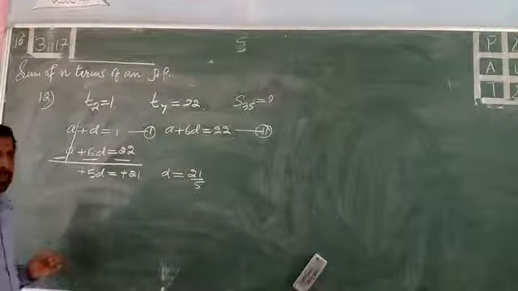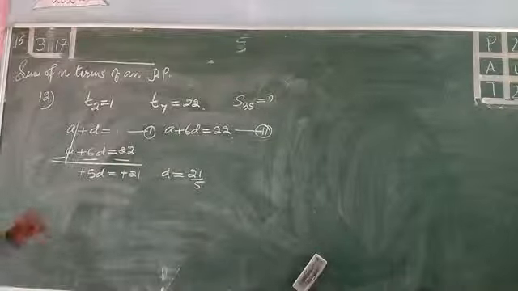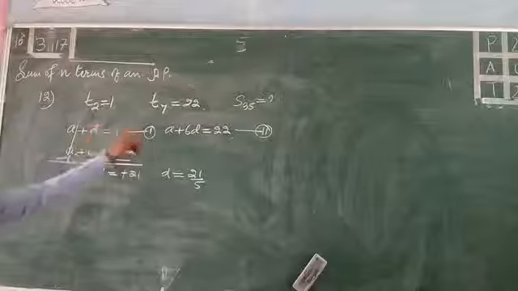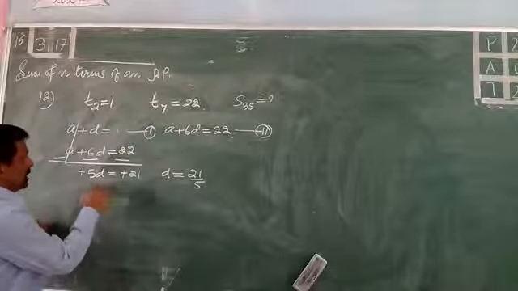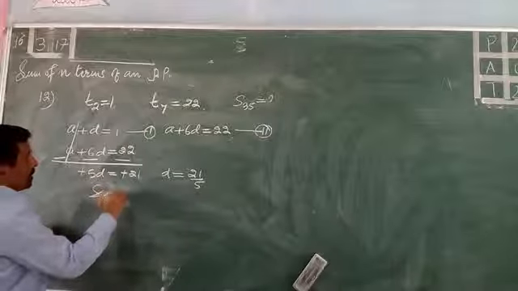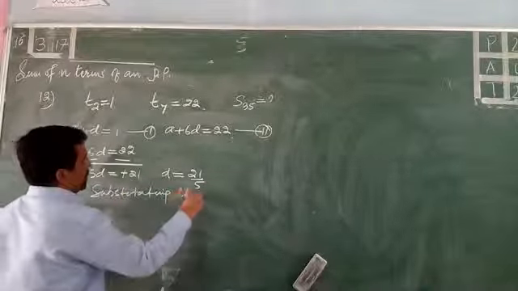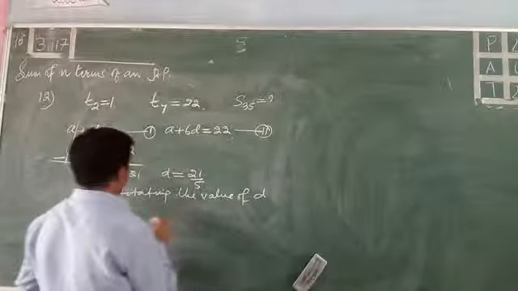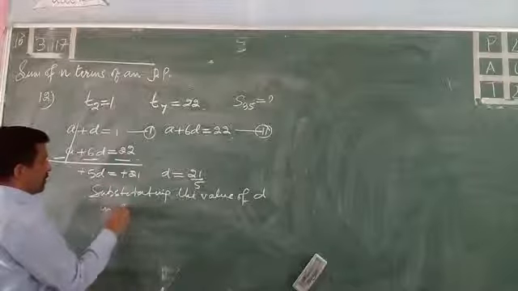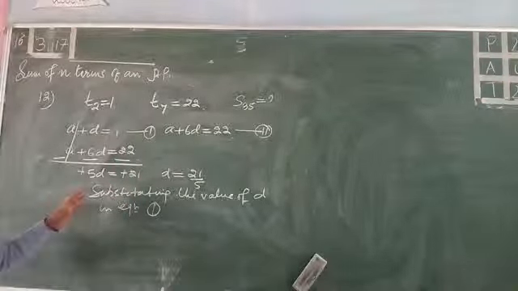Is it done? Yes. With the help of this, now we can find the value of a by putting it in equation number 1 or in equation number 2. So, substituting the value of d in equation 1, because equation 1 is simpler.